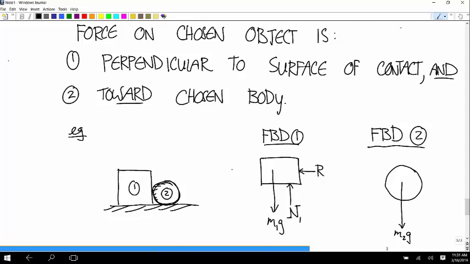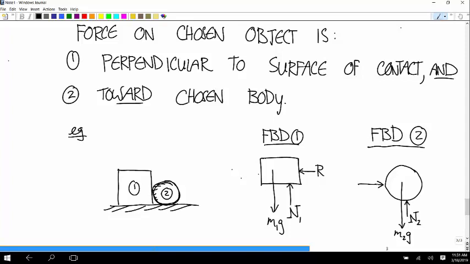There's that force preventing the ball from sinking into the ground, and so that's an upward force. The variable I'll use is N2 for the normal force on body 2. And then since the box and the ball are pushing on each other, the force has to be perpendicular to the surface, so it has to be horizontal again, and it has to be toward the ball, so this way.